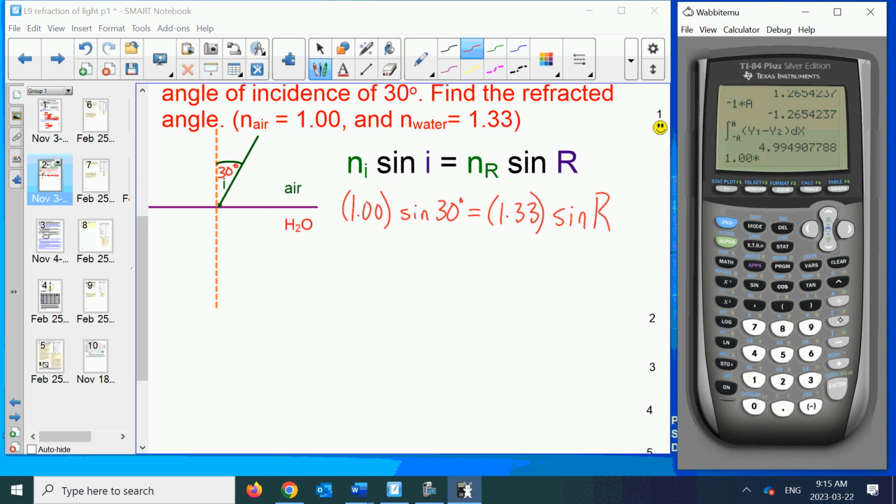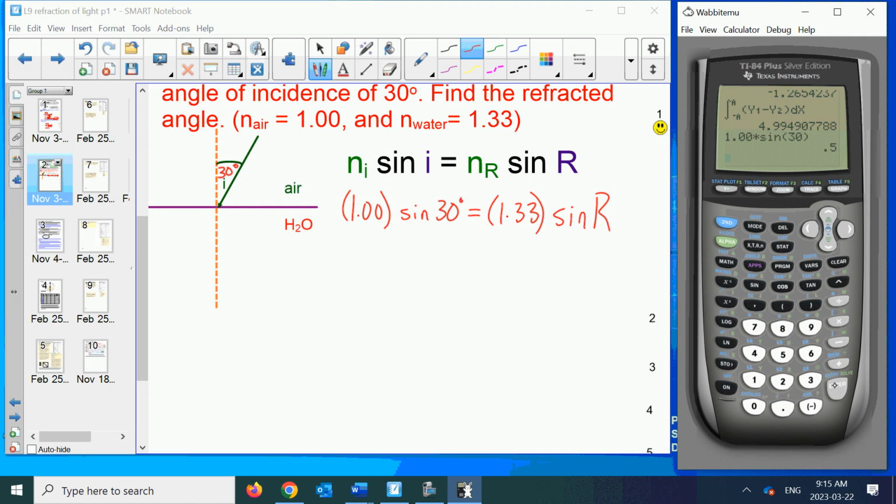I hit sine 30. Some calculators you have to put 30 degrees in. Sine 30 degrees. Now, if you know this from math class, did you guys know the sine of 30?